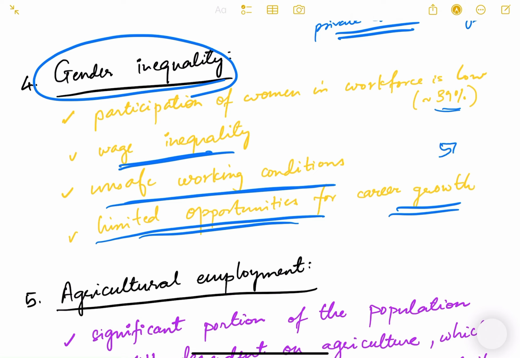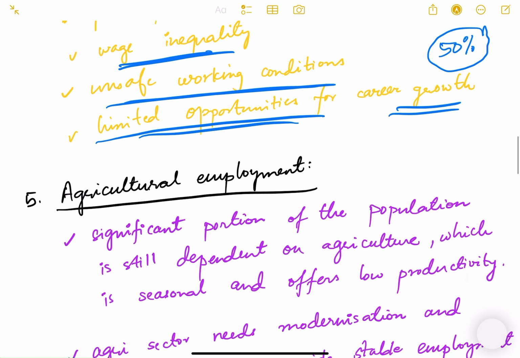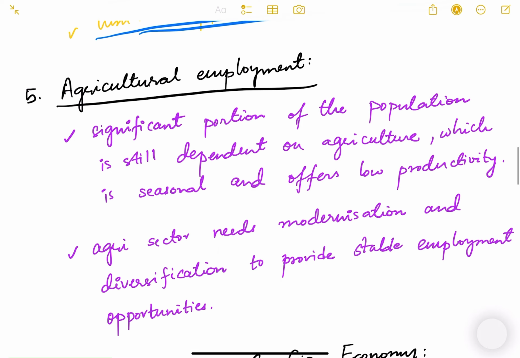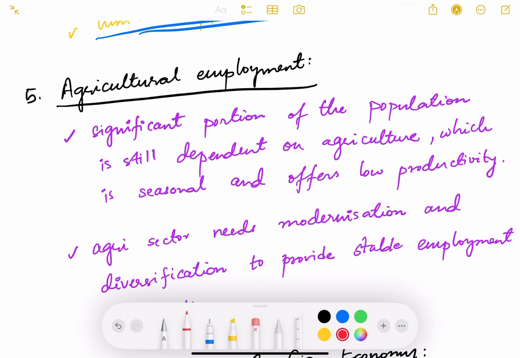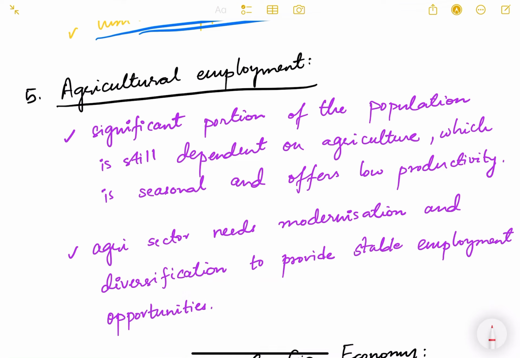If 50% of our workforce, which is female, is not getting enough potential or opportunities to grow, then you can imagine that our economy takes a toll because of that. Various social and cultural barriers are there which limit women's employment prospects. So we need to look into this as well. It is a kind of social issue, but we have got to find a solution to this.